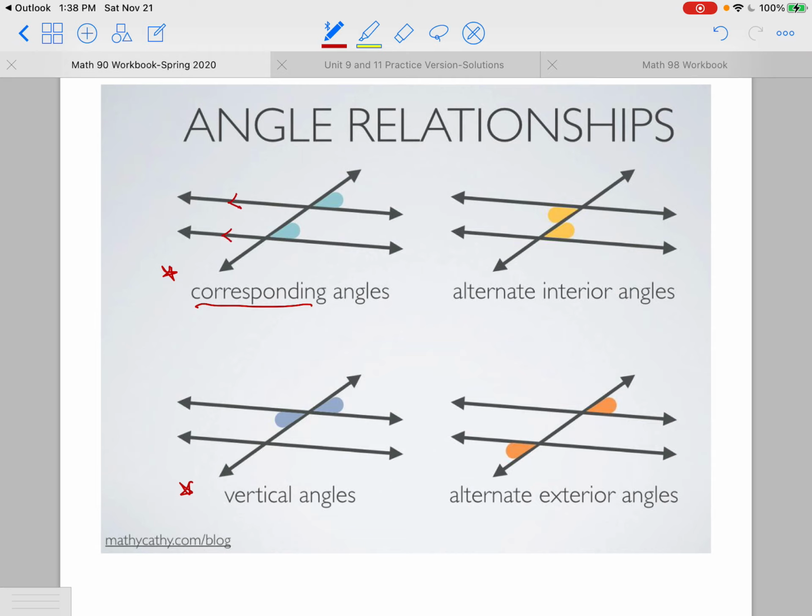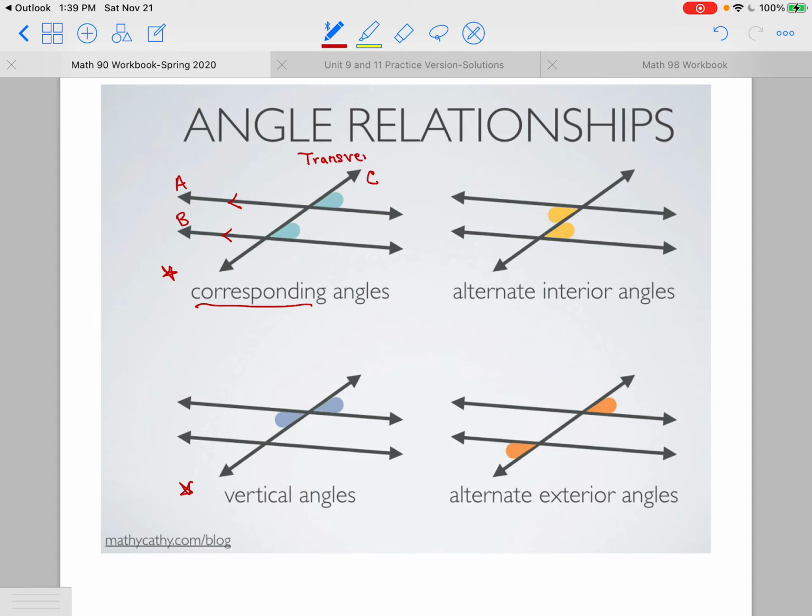So I'm going to just draw my little arrows. I'm going to call this line A, this is line B. And I'm going to call this line C. Line C is what we would call a transversal. So line C here is a transversal.